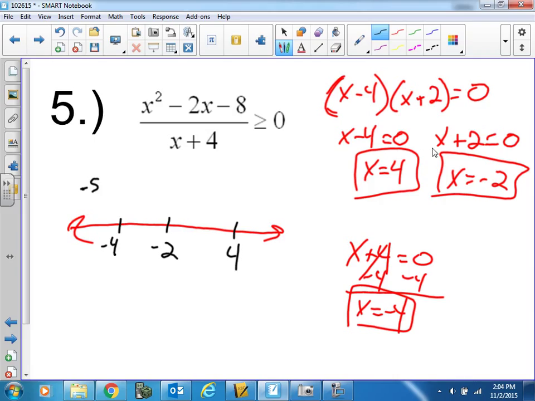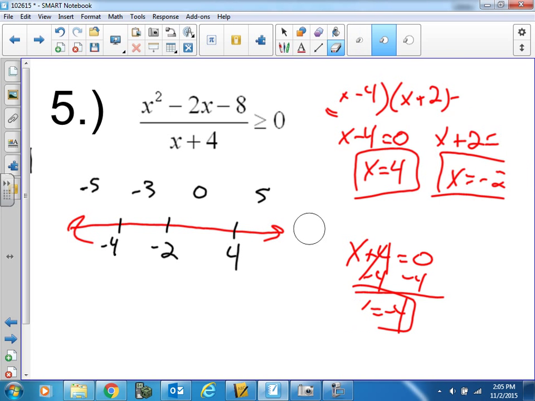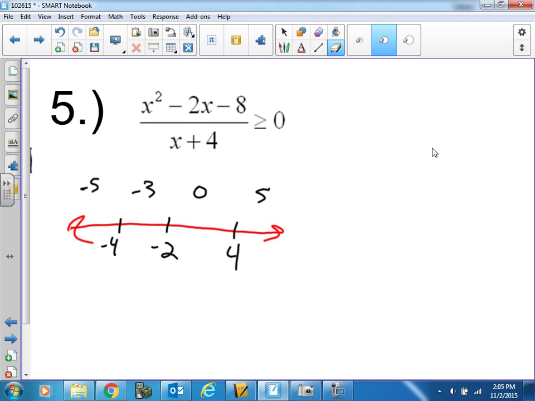You don't want to choose a decimal, so let's just choose negative 3. In between negative 2 and 4, we always like to use 0, so we use 0 there, and after 4 we can just use 5. Wow, that's a lot of stuff to check, but we can do it. Alright, so erase this now, and plug in these values.